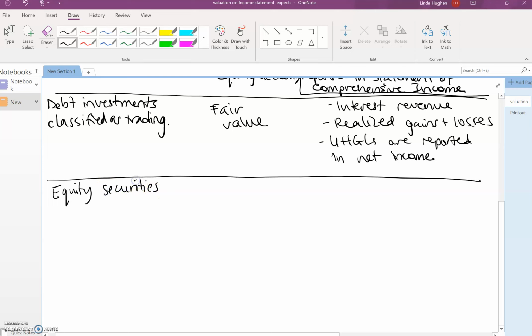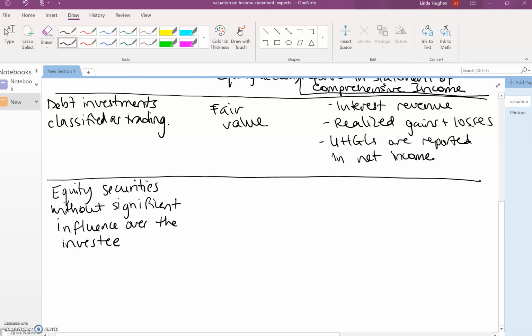We start off with just regular purchases of stock. If I have shares of another company, I have no influence over that company. It's simply a way that I want to generate return on my cash. We call that equity securities without significant influence over the investee.